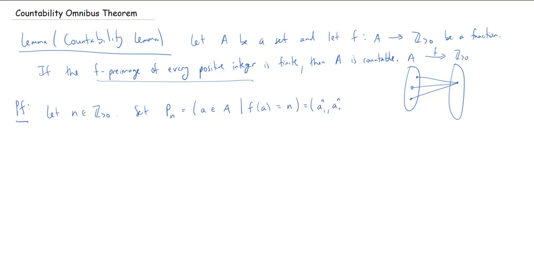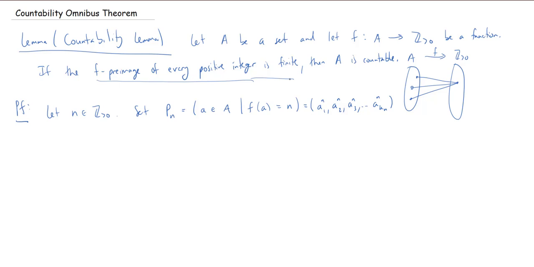And then I could maybe have a second one, and a third one, and so forth, and it's going to stop at some point. I don't know what that is, but it's some number that depends on n, so I could write k sub n. Okay, so that's what P sub n has to look like. And again, I know it stops because of the assumption that the f preimage is always finite.